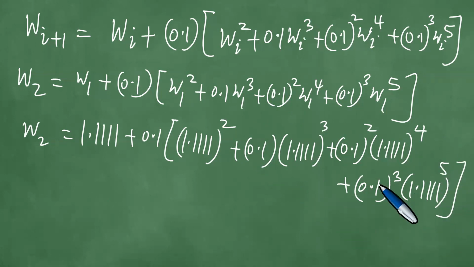Then we just need to do this one, the W2. Why? Because this W2 is at the next h step, meaning the answer we're going to get here is y at 0.2, because the other one is 0.1.